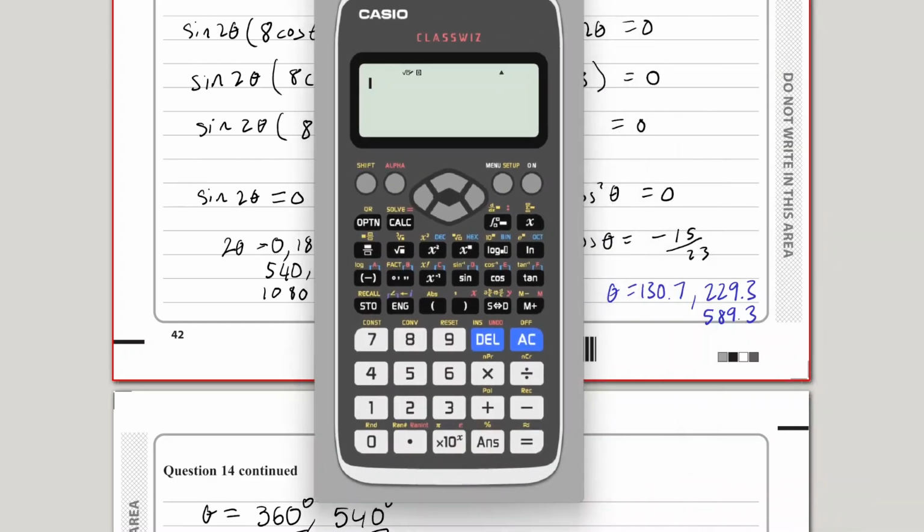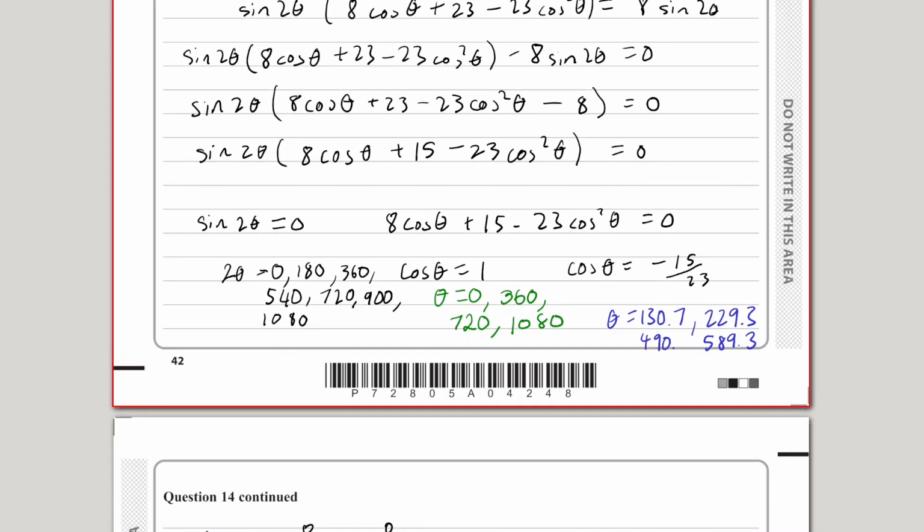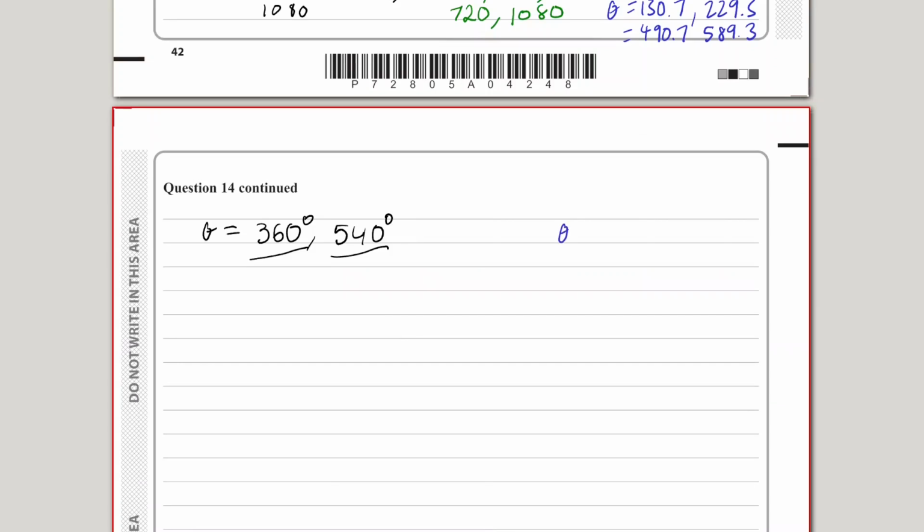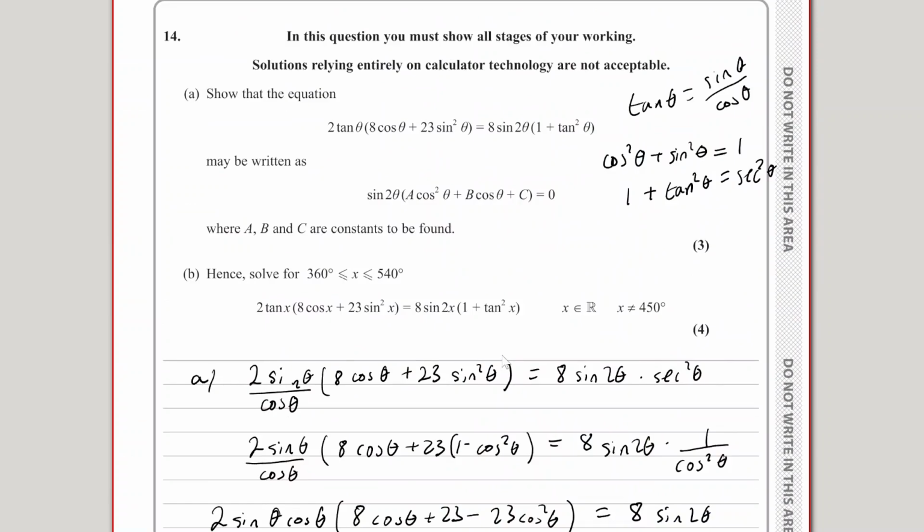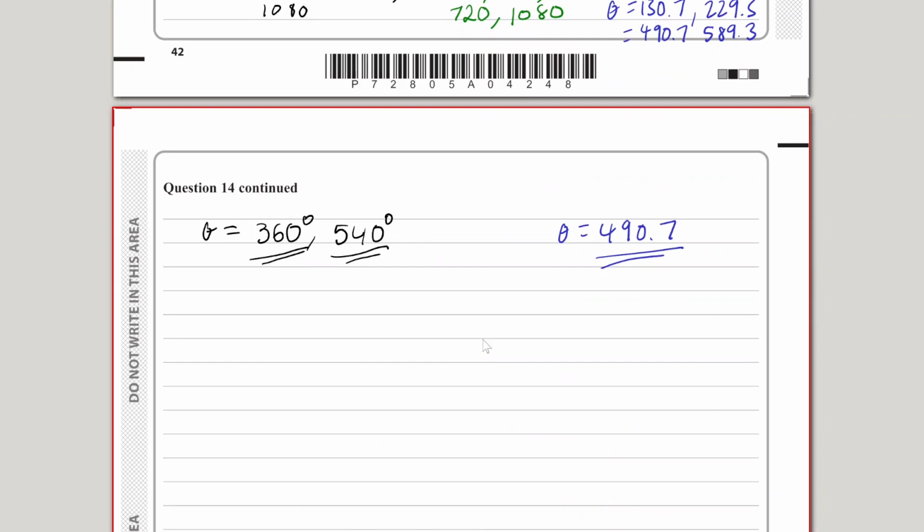But I want shift cos alpha, that first answer, plus 360, 490.7. So I have 3 answers in the range we want. So theta can be 360, 490.7, or 540 degrees.